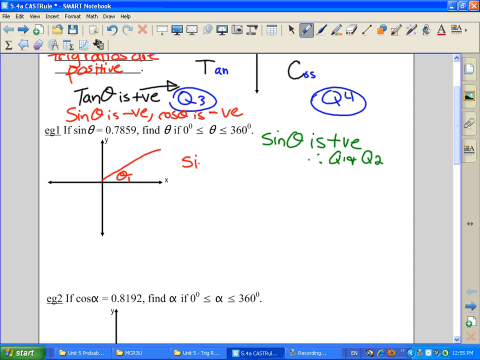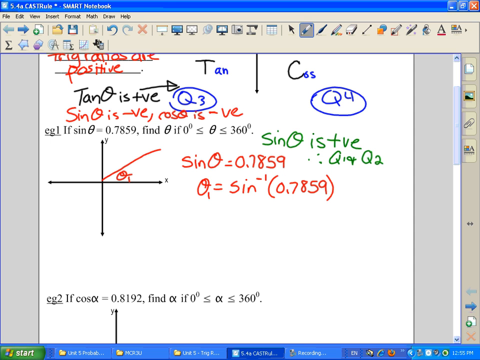We already know that sine theta equals 0.7859. To find the value of the angle, remember you got to use your inverse buttons in your calculator. So theta, which we're going to call theta 1 in this case, equals the sine inverse of 0.7859.